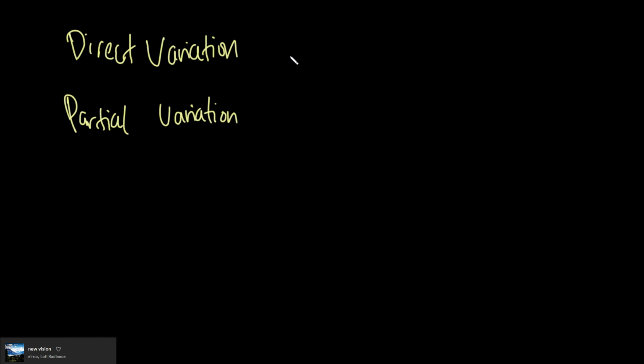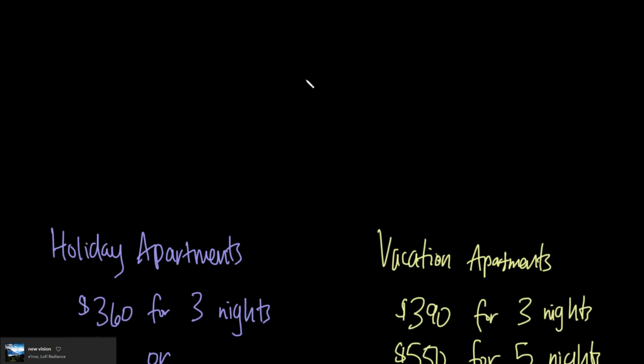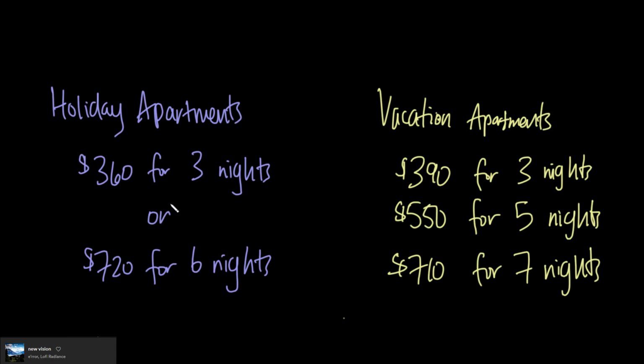So basically when we go back to linear relationships, the change is constant, right? So for example, looking at holiday apartments here, $360 for 3 nights or $720 for 6 nights. As you can see, the difference here is also $360, and the difference between 6 and 3 is 3 nights.